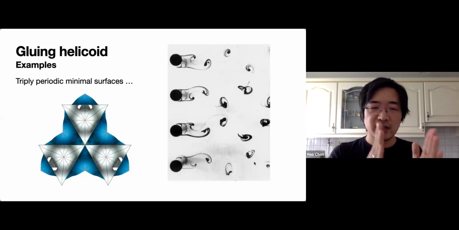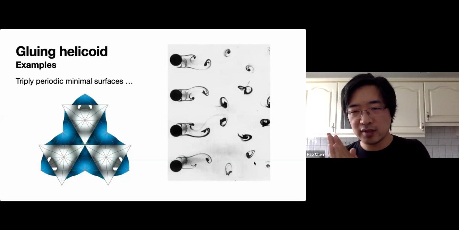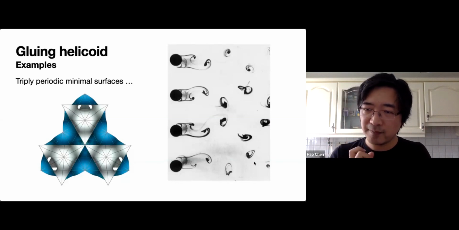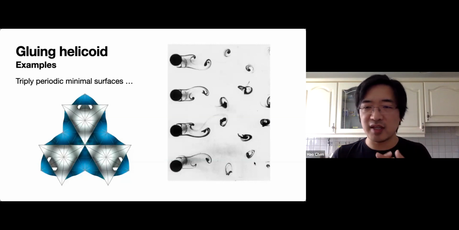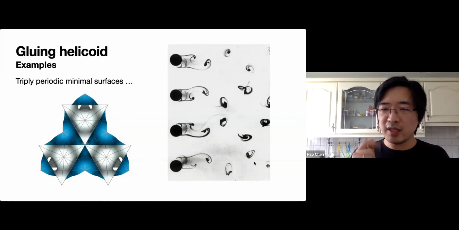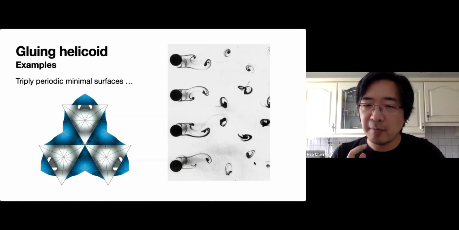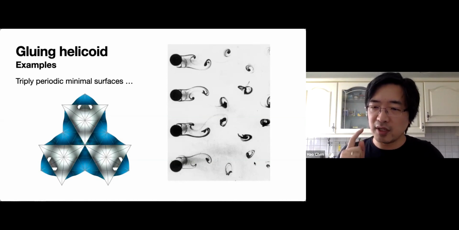For example, for periodic minimal surfaces, the corresponding vortex configuration would also be periodic. It is very difficult to do the experiments because it's difficult to get inviscid incompressible fluids.